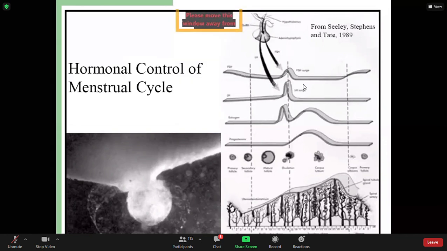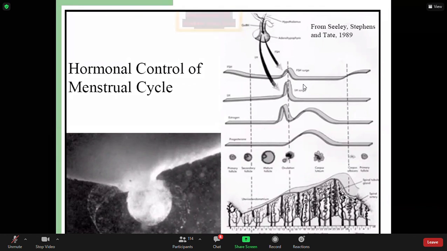You memorize the graph, okay? The graph, right? First, the hypothalamus on top. Next is the pituitary gland. So you should know the hypothalamus will release the releasing hormones, and then it will send a signal to the adenohypophysis, or the anterior portion of the pituitary gland, to release LH and FSH.